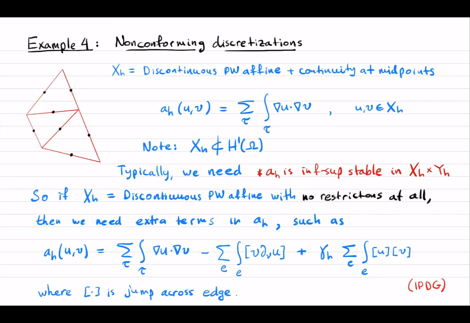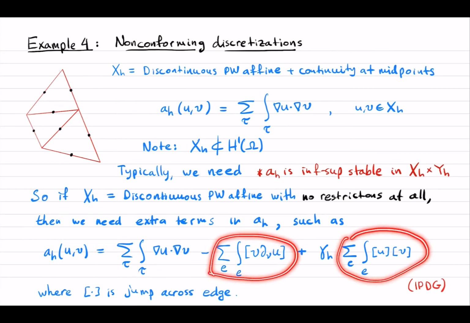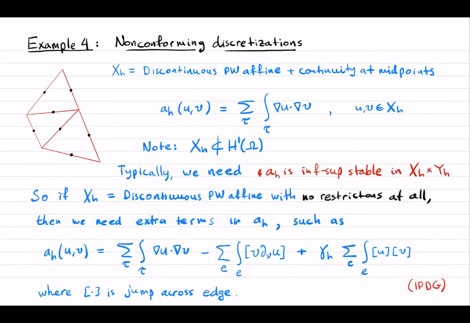And these actually fall into the category of discontinuous Galerkin methods. So one example would be you take discontinuous piecewise affine functions with no restrictions at all, and we simply modify our bilinear form by some terms which are similar to the terms that we used in Nitsche's method, except that these terms are now defined over all the edges. And this also will work.